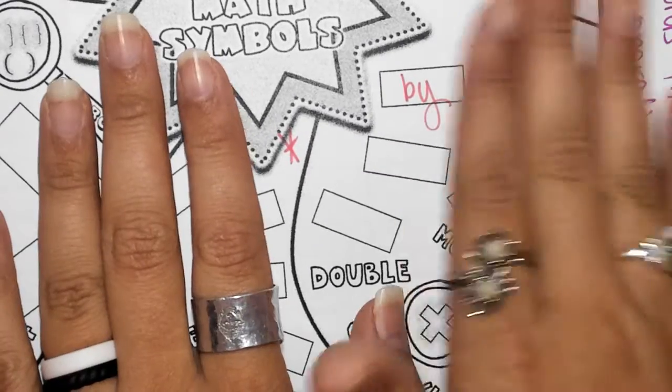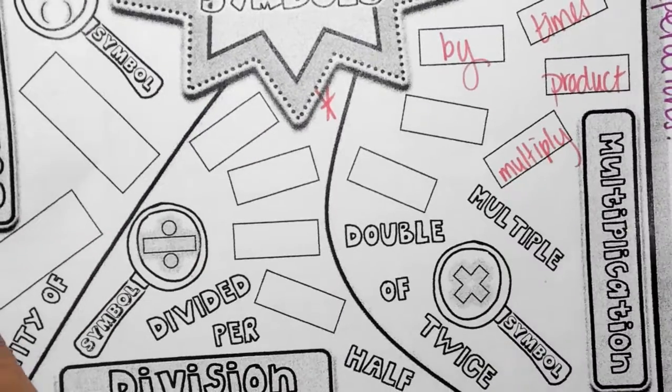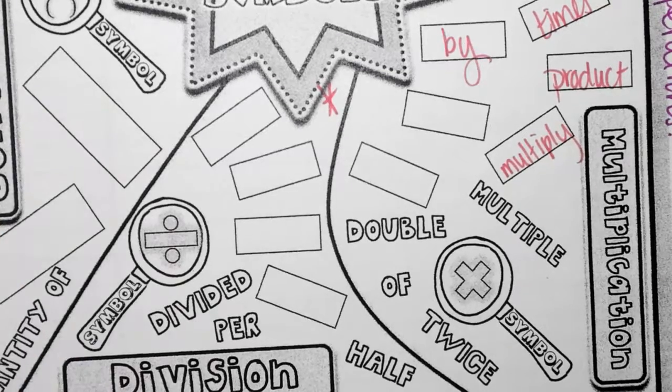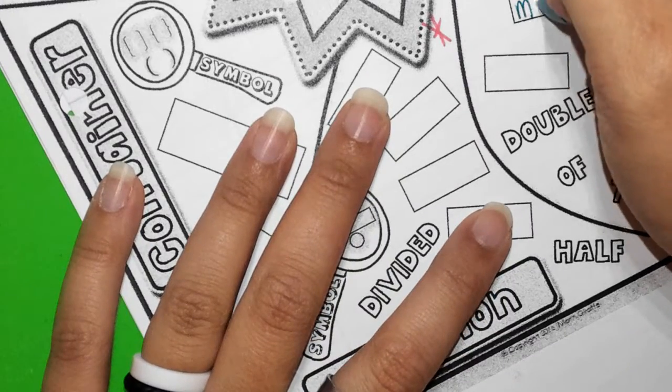Did we come up with any other word for multiply yesterday? No? We couldn't think of anything? Donnie. Okay, all right. Magnify? Wow, that's fancy. Okay, let's put magnify in there. I like that.